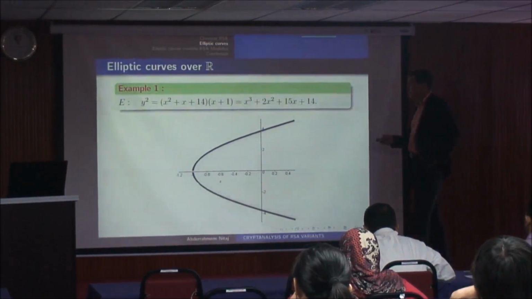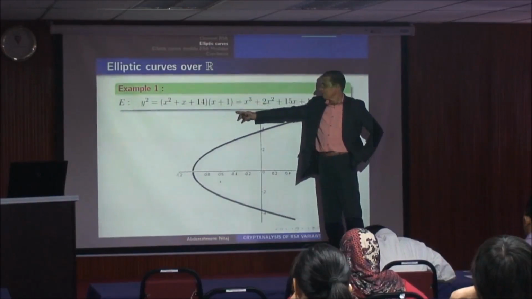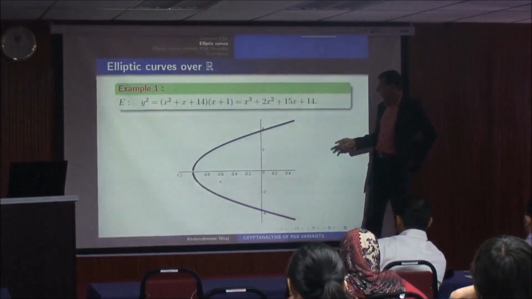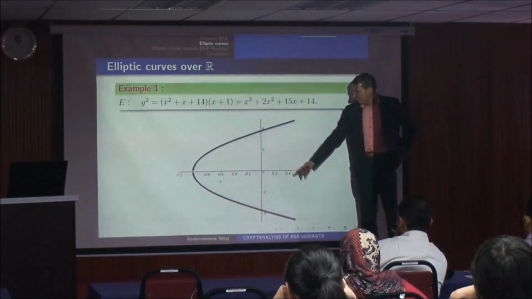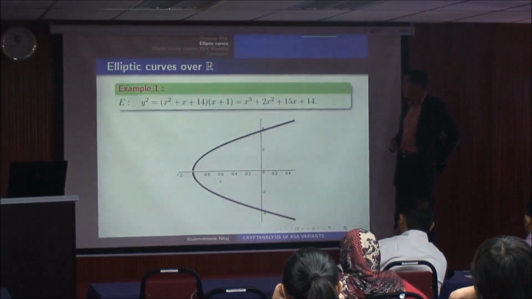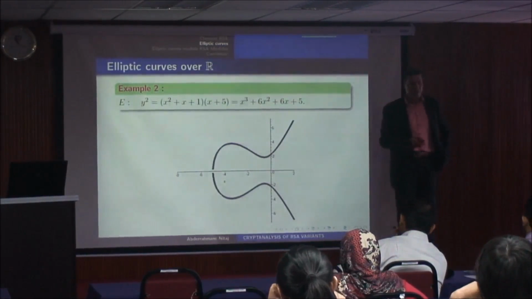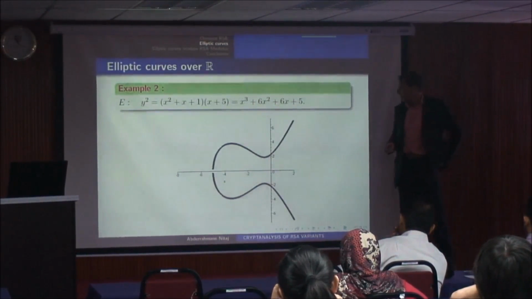So consider this equation, and if you draw it, you can find that the real points are on this curve, and this is our first example of an elliptic curve. Also, we can find that there are other kinds of elliptic curves.